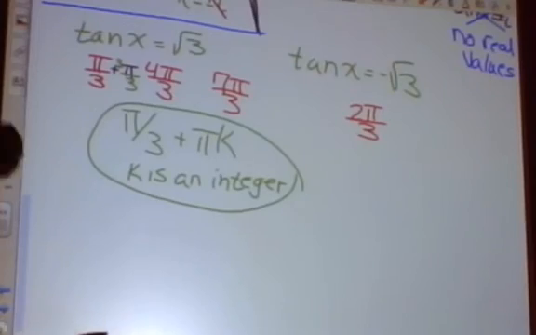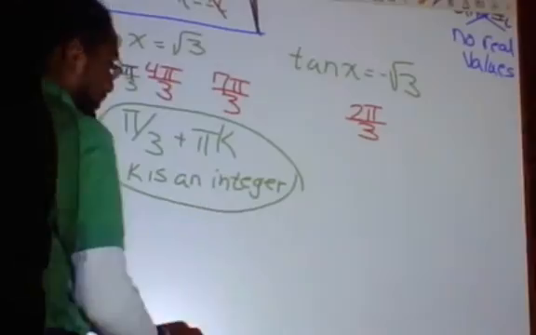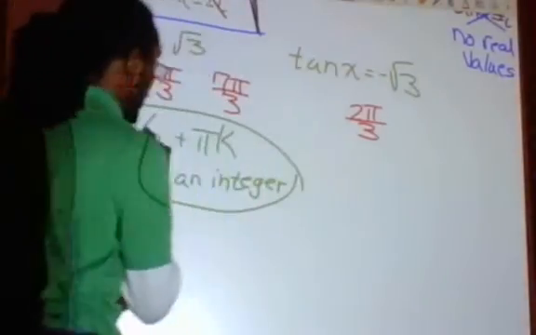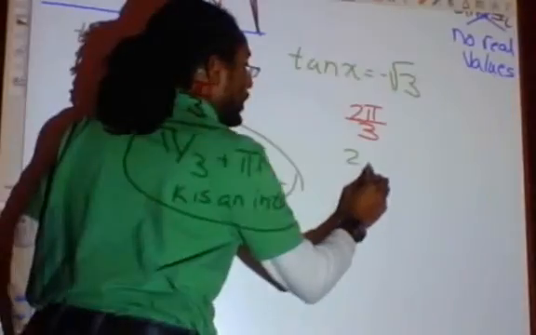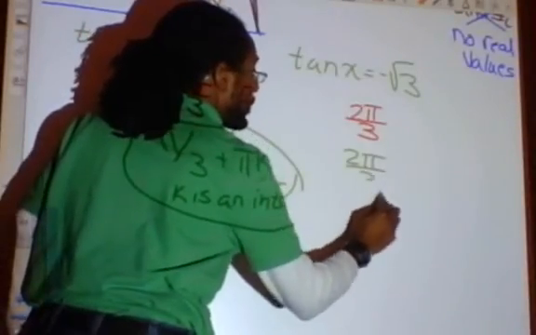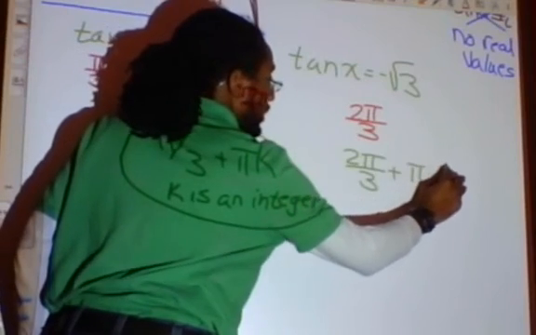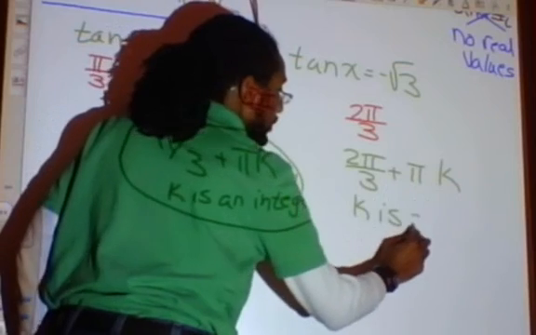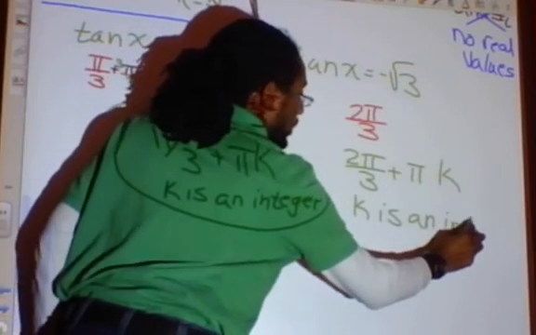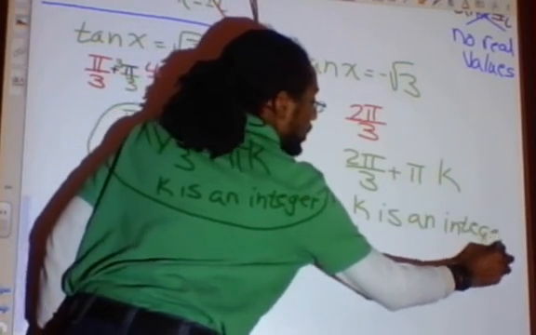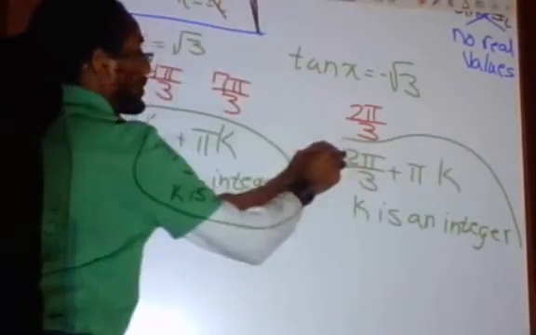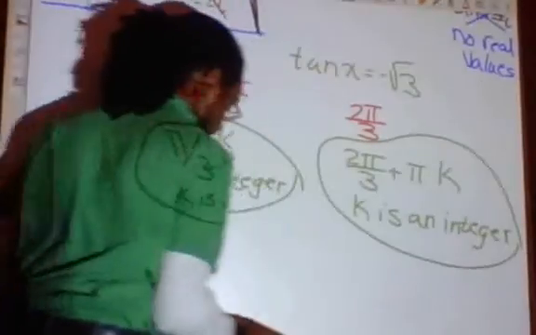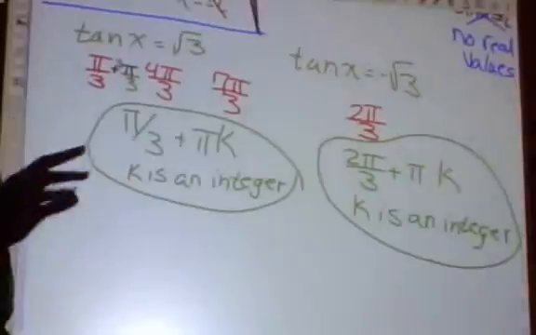Pi again, gives the next one. So we're going to write this as 2 pi over 3 plus pi k, and k is an integer. So that's for every single value, every value that would ever possibly happen.